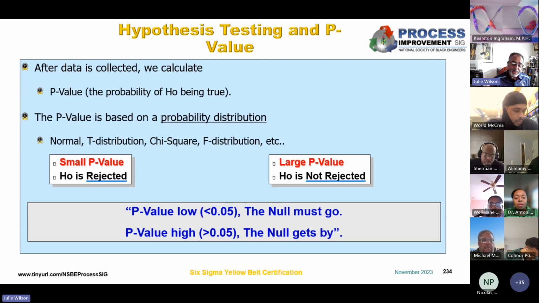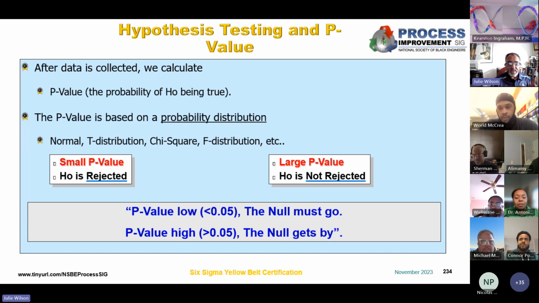And once again, if you think about a court of law, you are innocent until proven guilty. So being innocent is the null hypothesis. And until somebody proves that you're guilty, you're innocent, no matter how guilty you might be. The data's got to prove it. And that's kind of the concept behind hypothesis testing.